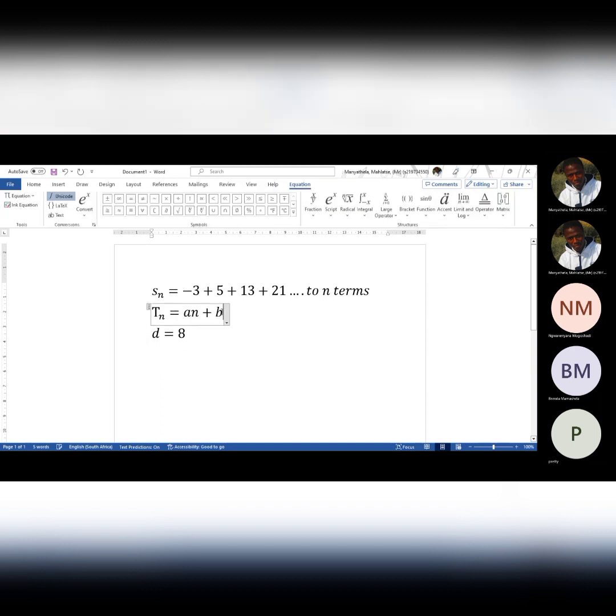Let's find the general formula in 2 ways.